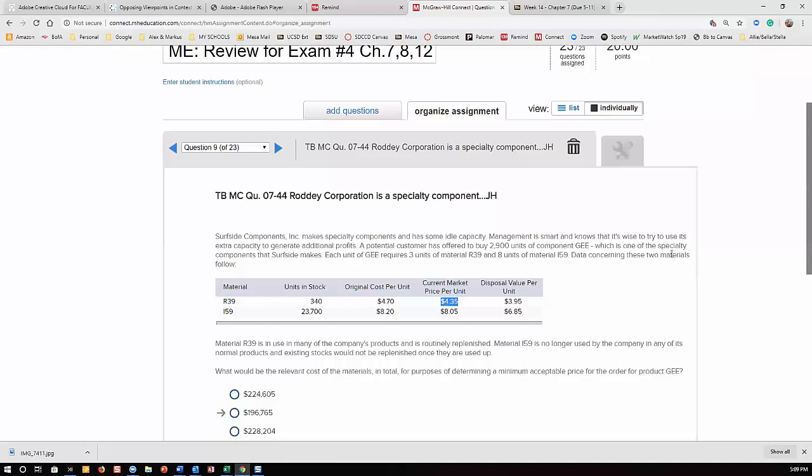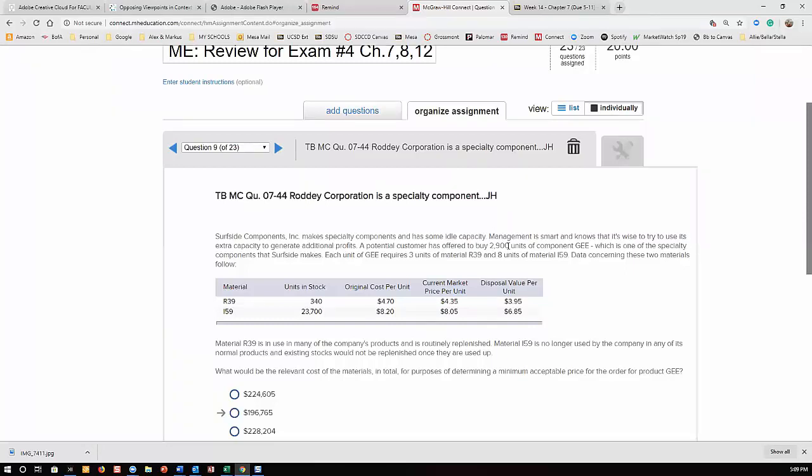It says a potential customer has offered to buy 2,900 units of what I produce, and each one of those units requires 3 units of this R39. So I need to know how to price this out for my customer. So with current market prices, if I needed to buy more R39, I need to buy it at $4.35. So that's what I'm going to cost it out to the customer.